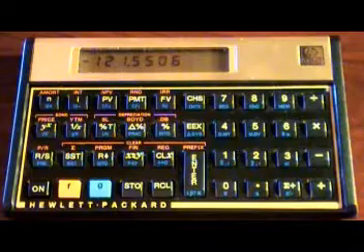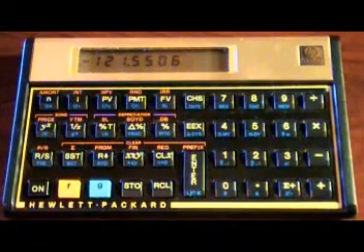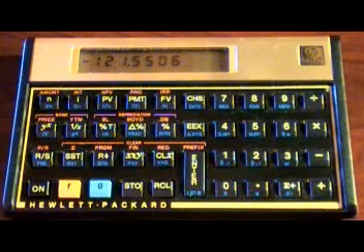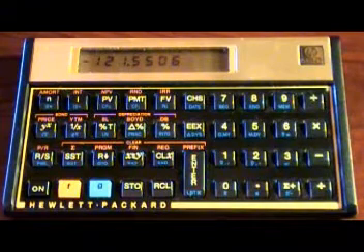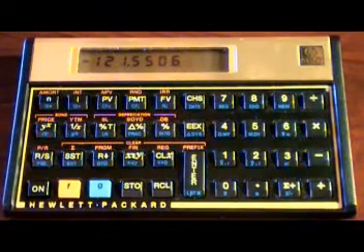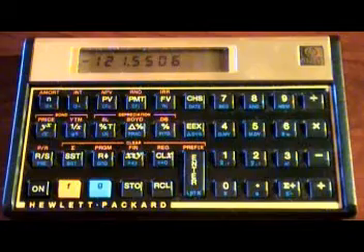The thing about the Hewlett-Packard 12C is that it uses a different type of notation than other typical calculators do. So in order to do addition, subtraction, multiplication, and division, you have to hit the enter button after the first number you put in. So again, it's 15.5% compounded monthly.